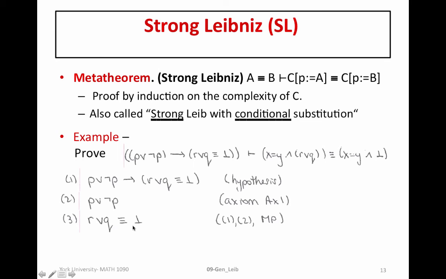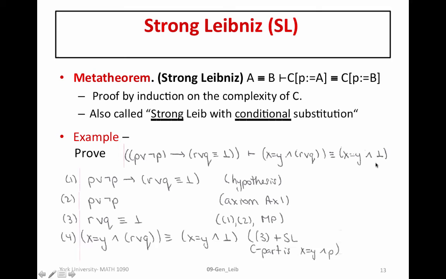Since this equivalence comes from our hypothesis, we now know that we can apply Strong Leibniz to prove this equivalence here. So notice we substitute R or Q equivalent to bottom into the expression x equal to y and p, for example. So we use 3, we need a hypothesis, the equivalence we need, and we need Strong Leibniz where our C part is x equal to y and p.